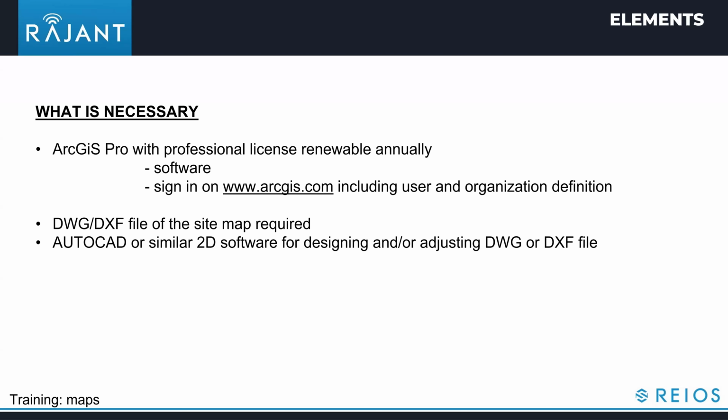The other point is to have the map in DWG or DXF format, normally coming from the final user, because it describes the details of the site map, including external and internal areas, different floors, and everything needed to define the environment where we apply our system.